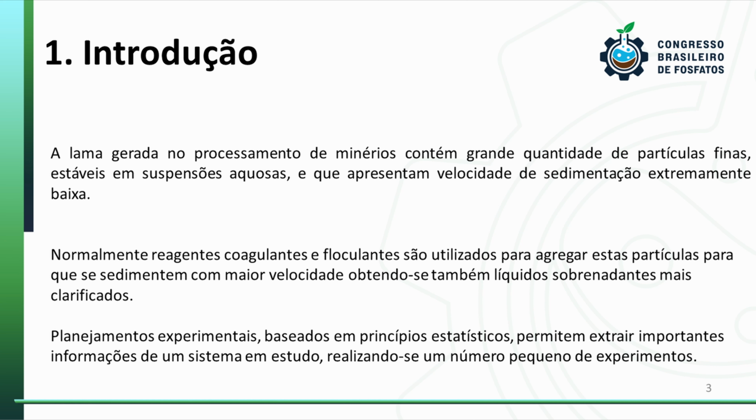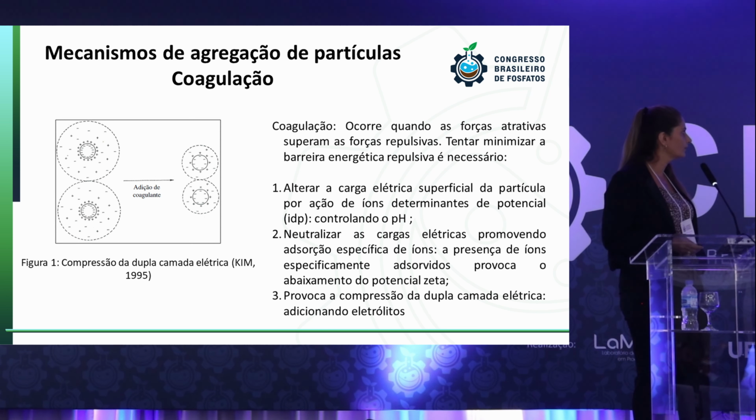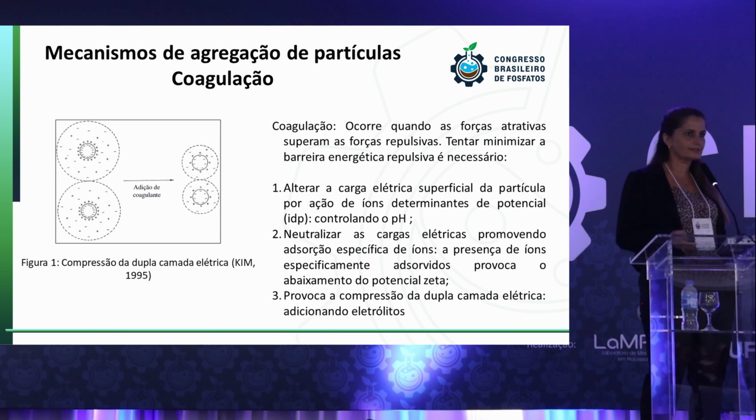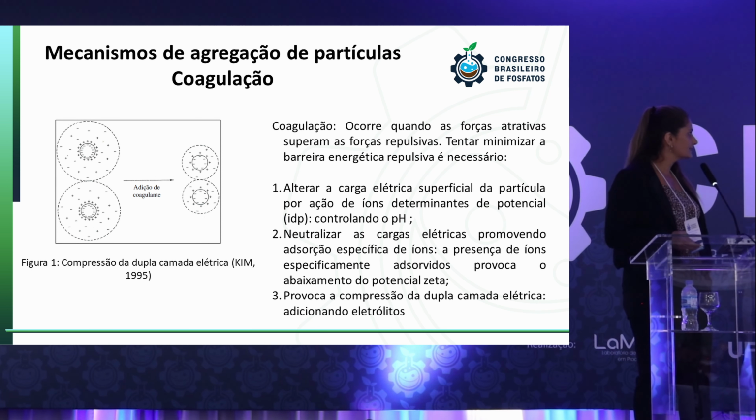What do I have to do in order for the particles to go through sedimentation? I use the coagulation process. It happens when attractive forces overcome the repulsive forces, and I try to minimize this repulsive energy barrier. How do I do that?